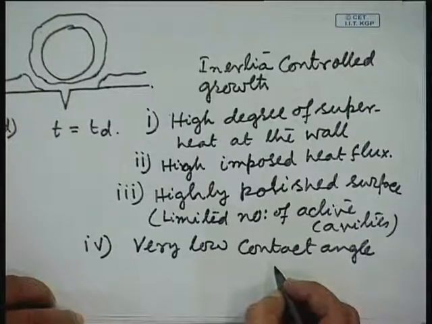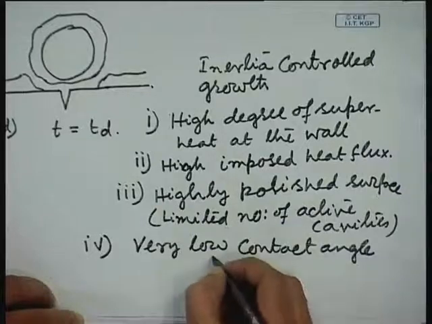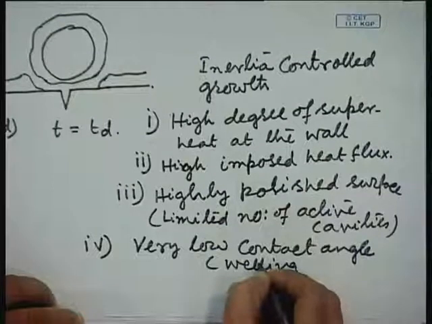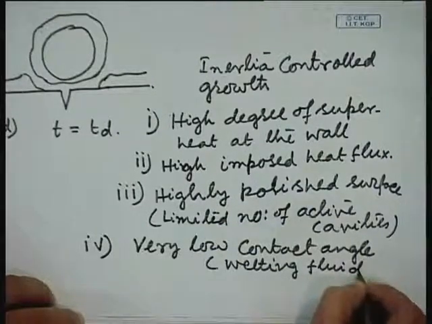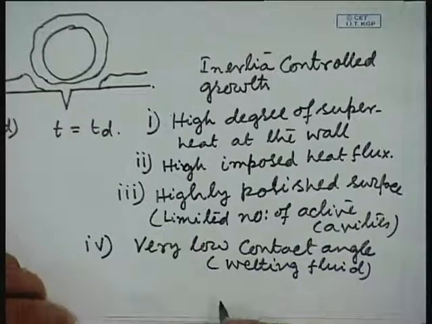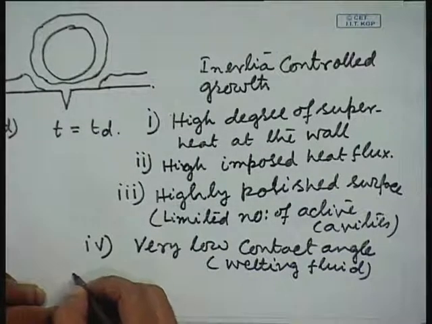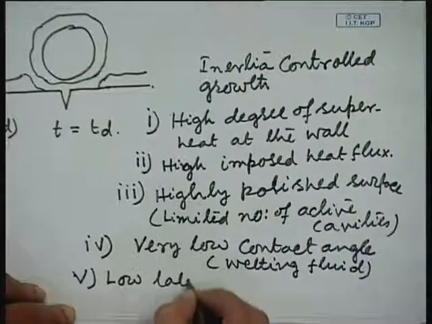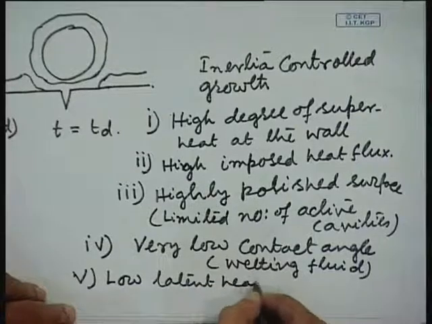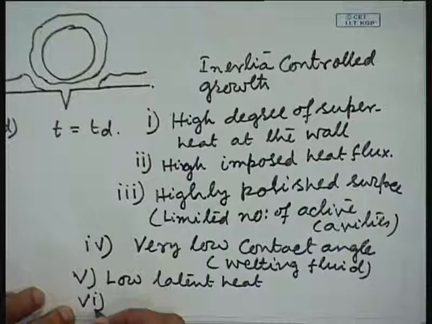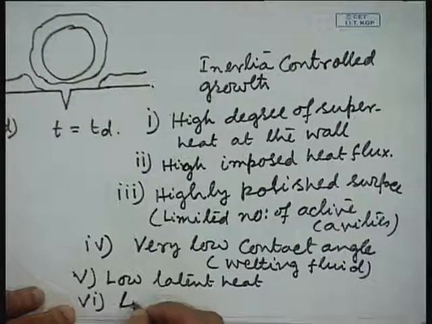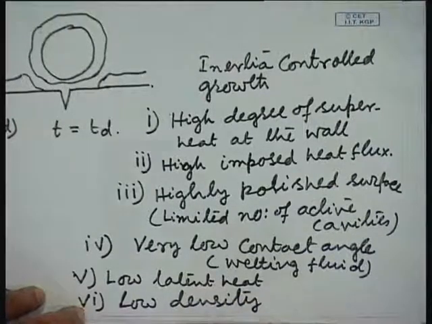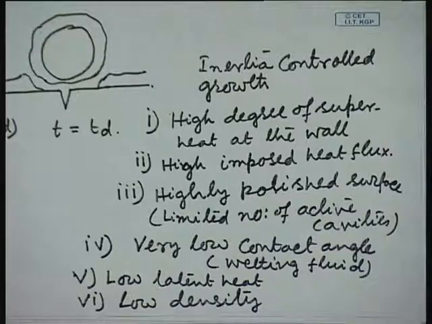Very low contact angle means it is having wetting fluid. Fluid is highly wetting fluid. Then low latent heat, and then low density. So, if these factors are there, then we will have inertia controlled growth.